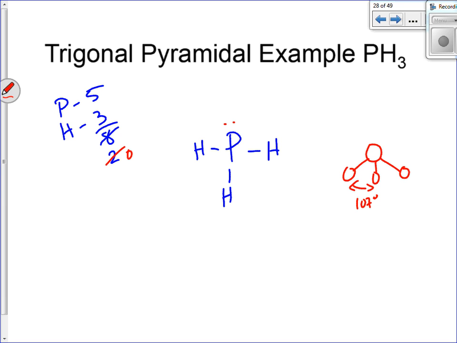Also, because of the dipole moments, in this case hydrogens are less electronegative, so the moment's actually going towards the phosphorus here. Okay, creating that. So this one is going to be polar. And of course, sp3 hybrids.